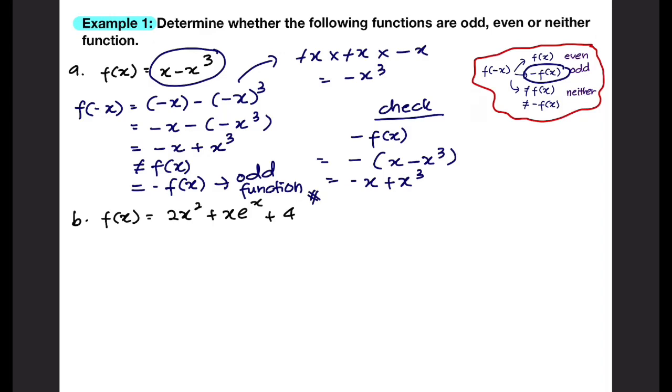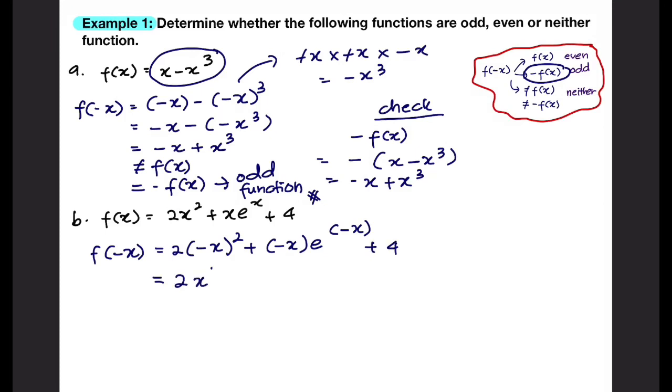Okay, question B. Substitute negative x into 2x square, so f(negative x) equals 2x square minus x plus 4. Then you must compare with f(x). They are not the same, so not equal to f(x).